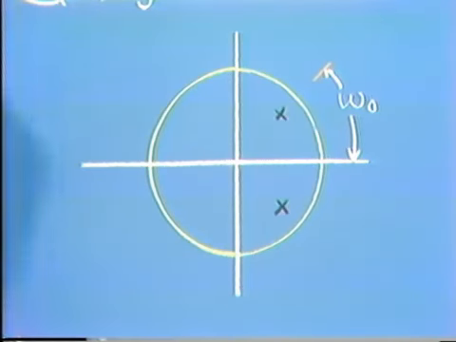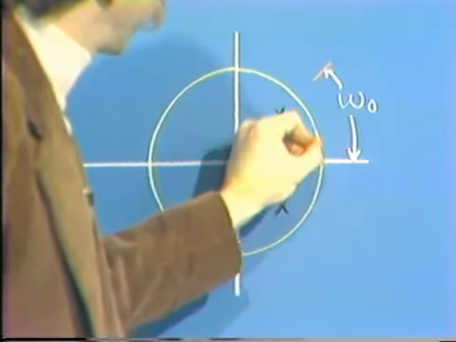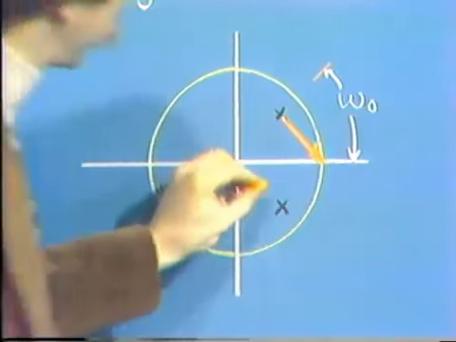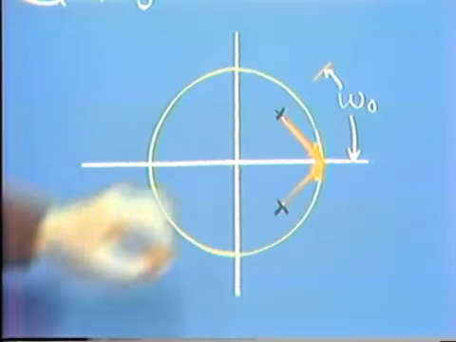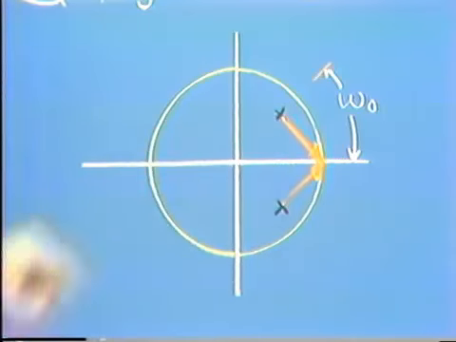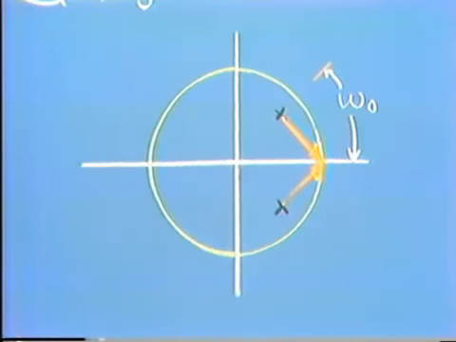Well, let's see. If we start at omega equals 0, then we have a vector from this pole and a vector from this pole. The resulting value of the frequency response is 1 over the product of those two vectors.